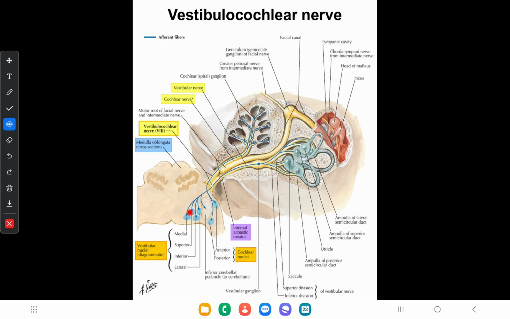It is through these connections that vestibulo-ocular reflexes are mediated. That means because of these connections through the medial longitudinal bundle, the connections of the third, fourth, sixth, and eighth cranial nerves, there are vestibulo-ocular reflexes.